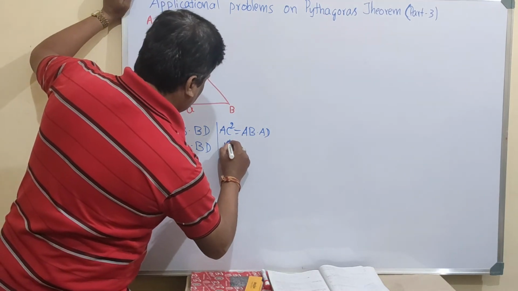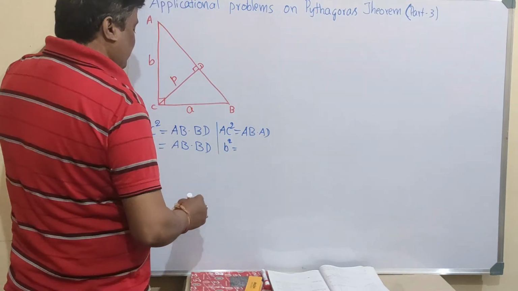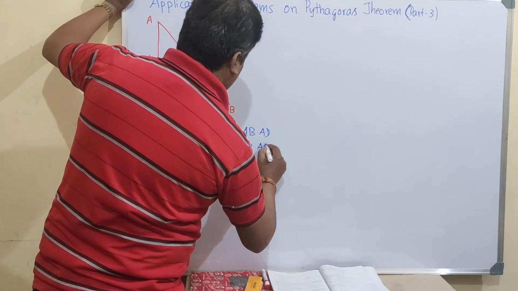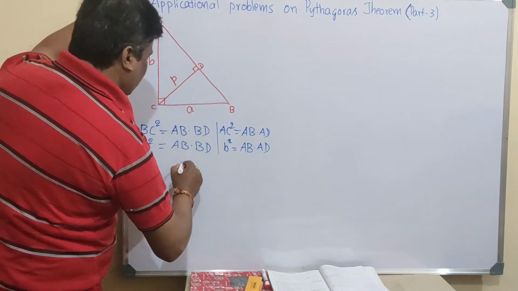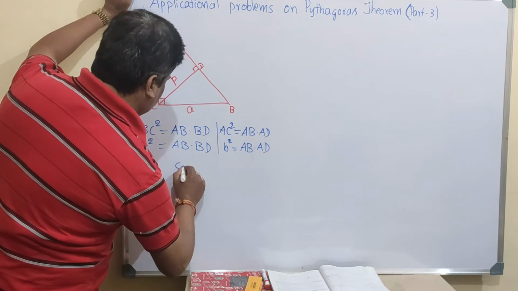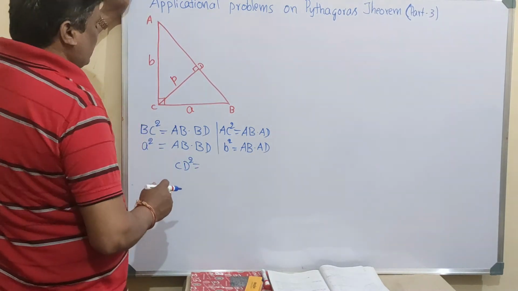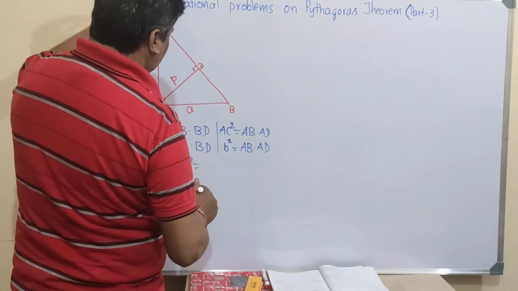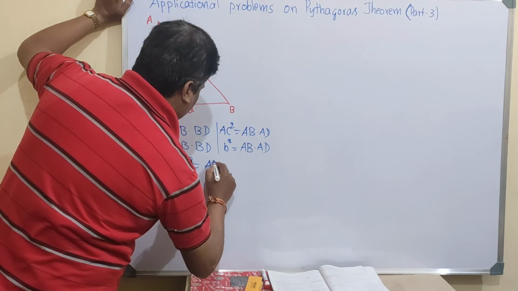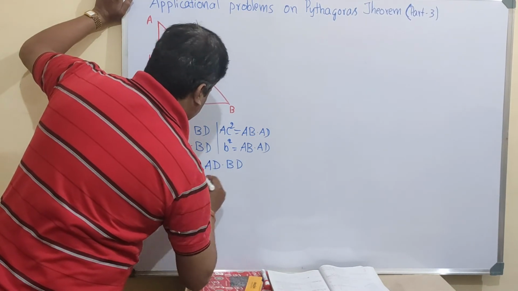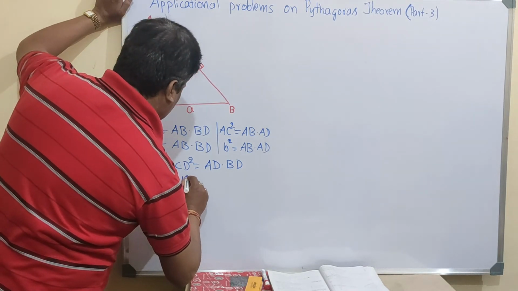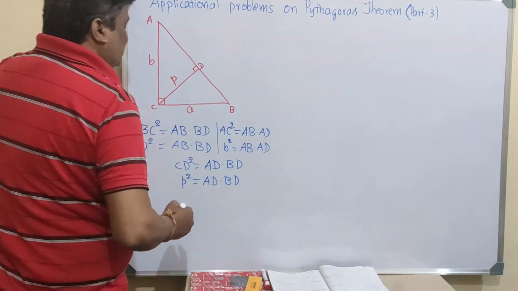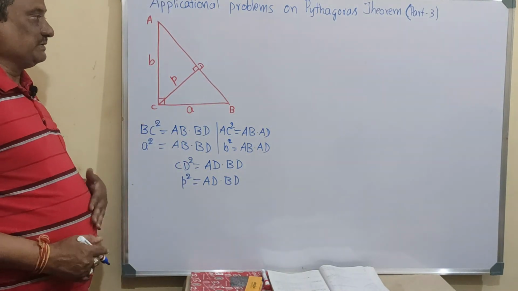AC square is nothing but B square, which is equal to AB into AD. Then P is in the middle, that is CD square, so it is the product of AD into BD. CD square is nothing but P square, which is equal to AD into BD. These are the important results which we should know.